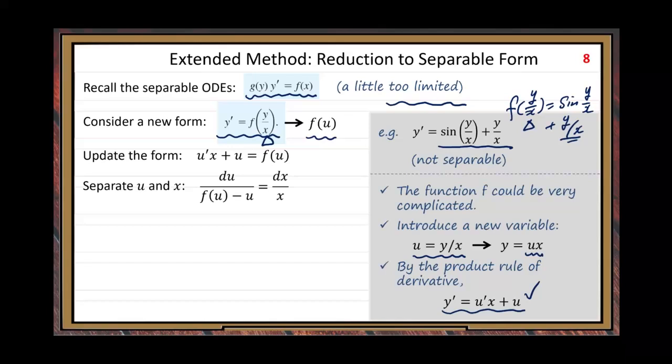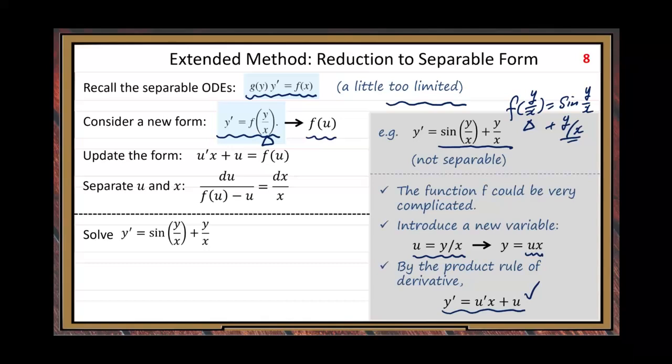Right-hand side, all the terms containing x variable. After that, you just take the integral. That's the integration step.